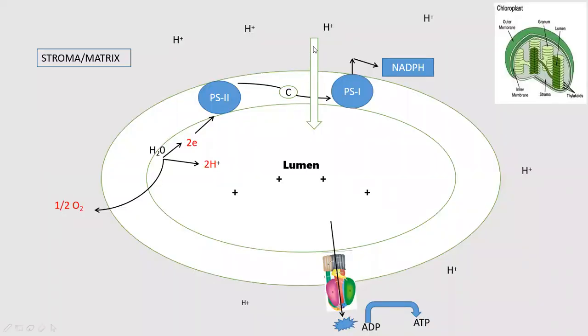Here you can see when the proton gradient occurs in the lumen part, now the protons want to go back into the stroma. So this movement of protons from lumen to stroma occurs through a channel called ATP synthase. Here you can see this one is ATP synthase.